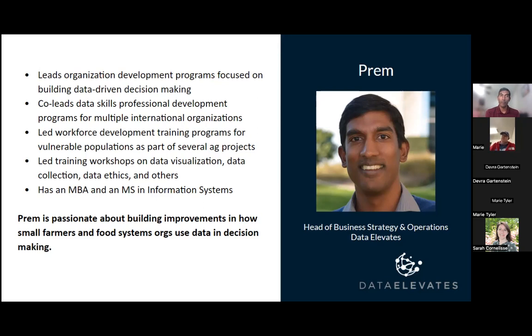I personally have quite a bit of experience in the food system space as well, and both Zan and I have quite a bit of experience in workforce development. I've worked with farmers in regards to business strategy and financial management. We've led sessions on data for decision making, and we're super happy to be here working with you all.